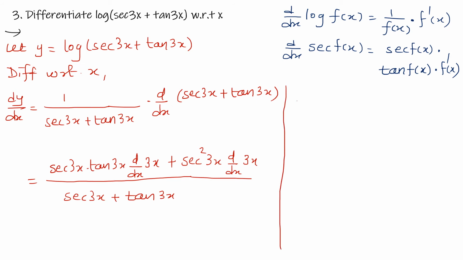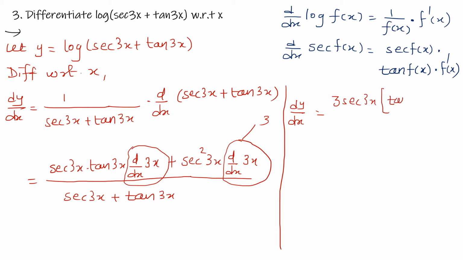Now in the next step, dy by dx becomes, observe this derivative of 3x, you can write as 3. What is the derivative of 3x? It is simply 3. Here also, this is the derivative of 3x, it is 3. So this 3 sec 3x I have taken common from the numerator. So this becomes 3 sec 3x. In the bracket, what remains is tan 3x plus.